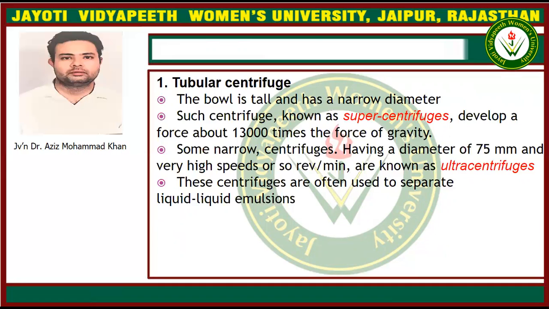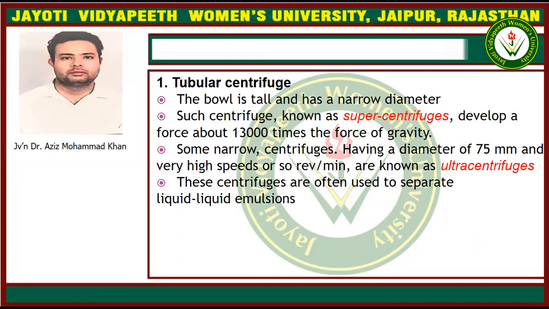In the tubular centrifuge, the separation depends on the size of the centrifugation tubes. If they are narrow, with a diameter of 75 millimeter, they will require a higher speed, and these high speed centrifuges are known as ultra centrifuges.